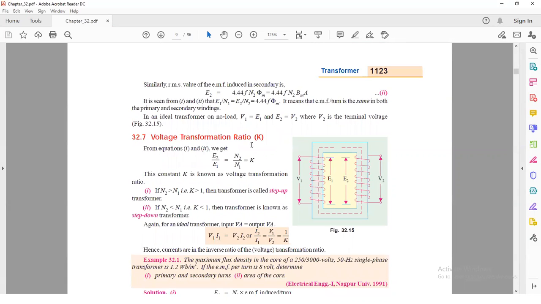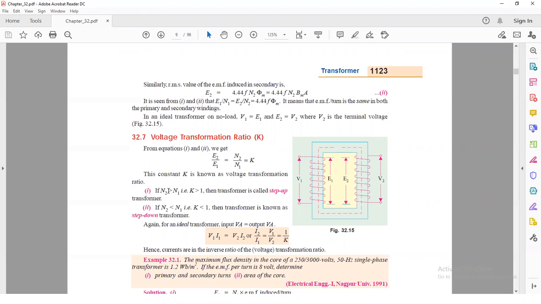If this is the constant value k, then E2 by E1 is equal to N2 by N1 is equal to k or A. So if the voltage steps up, N2 must increase.